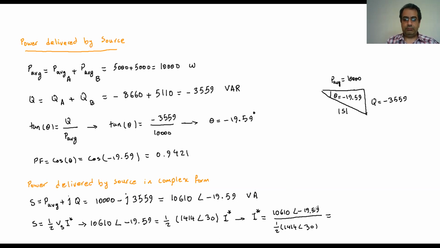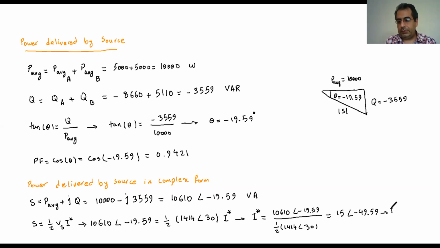We divide the magnitudes and subtract the angles, so it's going to be 15 with angle of negative 49.59.